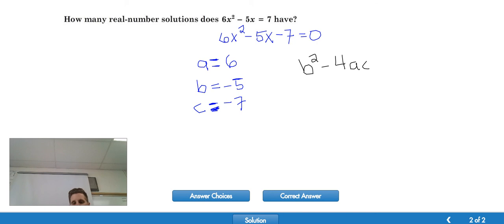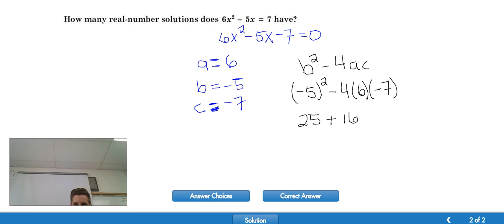So we're going to plug it in. b is negative 5 squared, minus 4 times 6 times negative 7. So this is going to become 25. Then we have 4 times 6 times 7. Well, they're two negatives, so it's going to become positive 168.